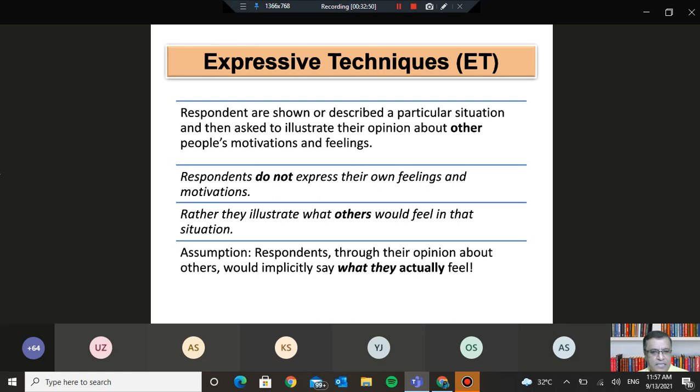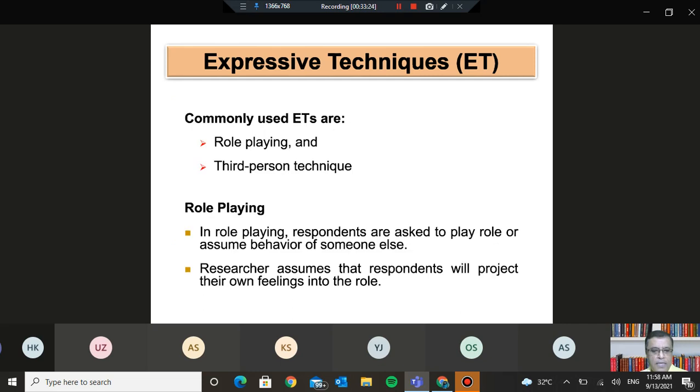The person feels safe and secure, and doesn't feel tempted to conform, because otherwise social pressures may operate, and the person may give a response because of social pressure and not because the person really has that feeling. With this kind of technique, you can short circuit that entire thing and minimize the issues you would otherwise encounter, because you are allowing people to express through others whatever they have in them.